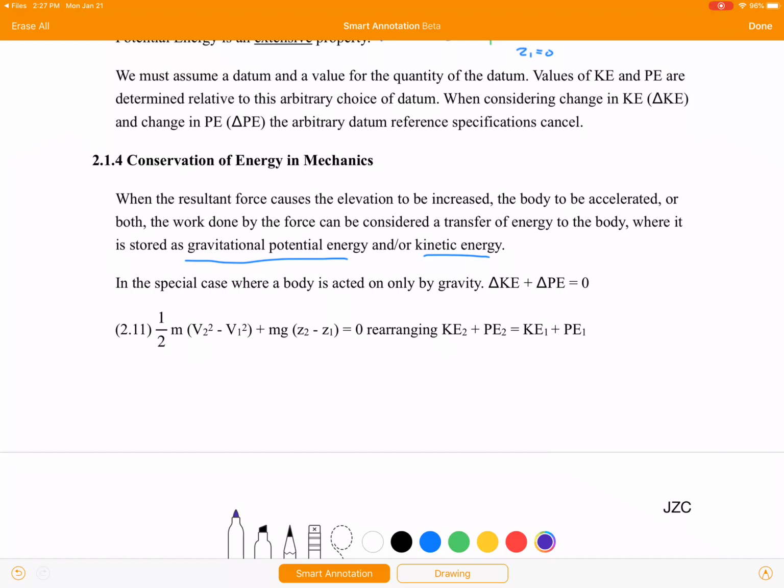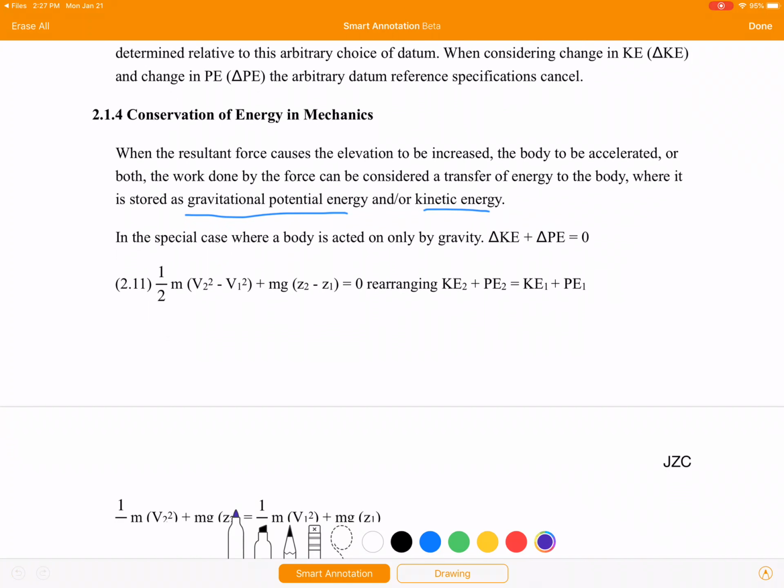In the special case where the body is acted on by gravity, the change in kinetic energy plus the change in potential energy equals 0. So there's no net gain or loss there.